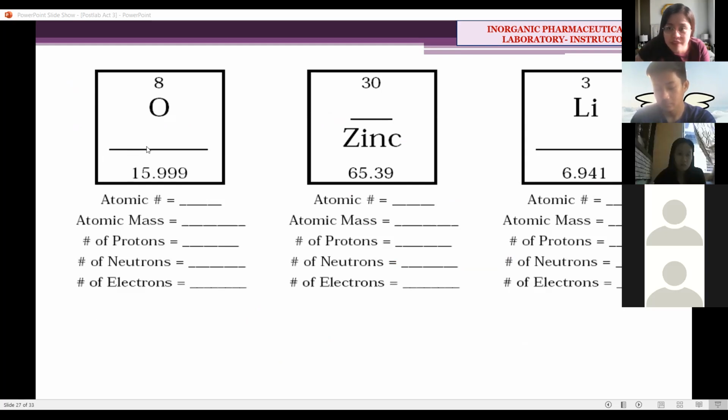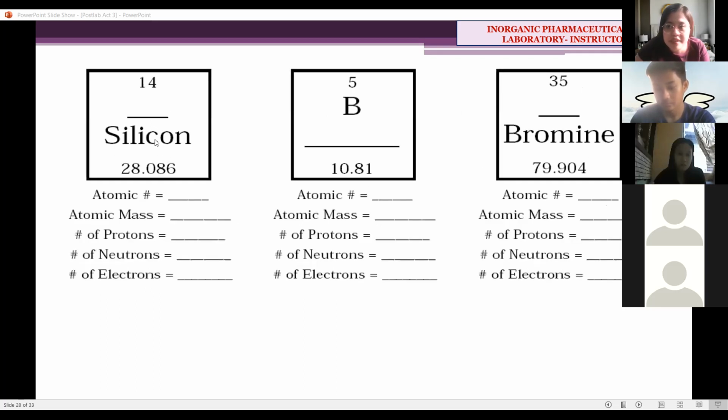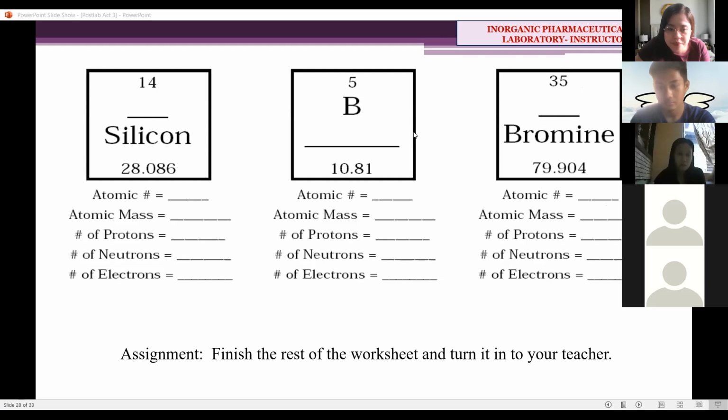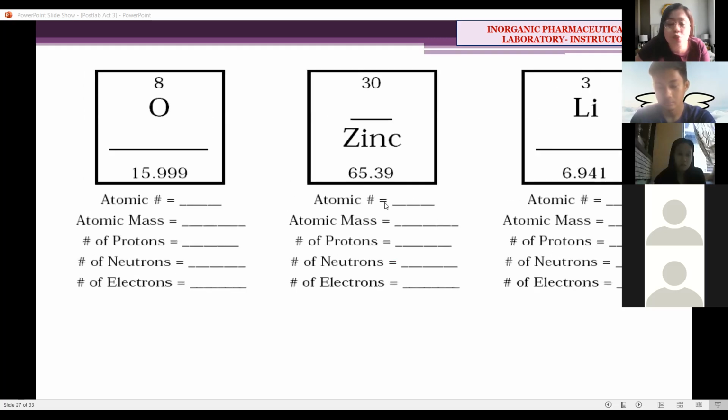So we have 1 for oxygen, 2 for zinc, 3 for lithium, 4 silicon, 5 boron, and 6 bromine. So finish this worksheet and turn it in on Schoology. By the way, I'll be giving you a copy of this slide. So if you cannot get a copy of your assignment now, just look at the slide in Schoology.